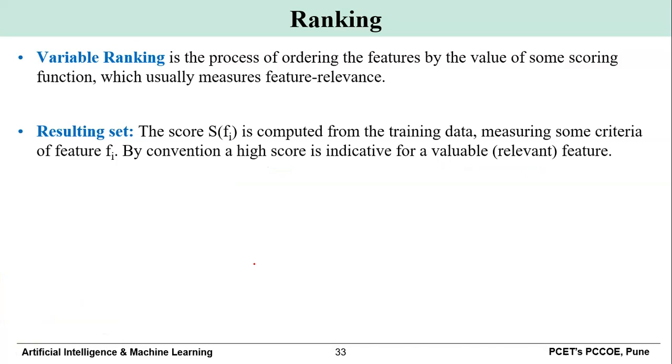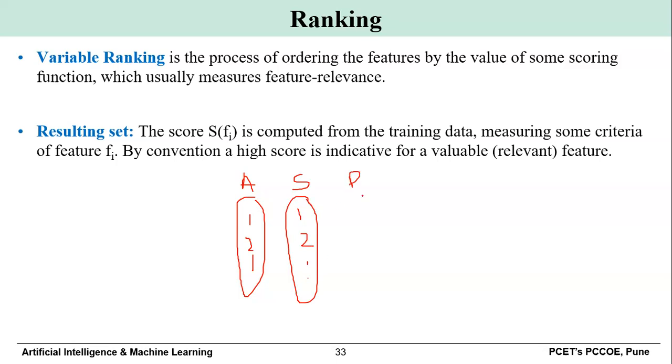Again, if we want to measure the overall performance of a student, then what do we do? First of all, we can rank students according to their performance in academics, rank 1, rank 2, and so on. Then we can take another criterion, sports, and based on that we can give scores to each student. Similarly, how he participates in various events. Based on that, again, we can rank the student.